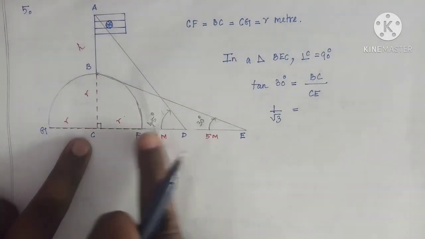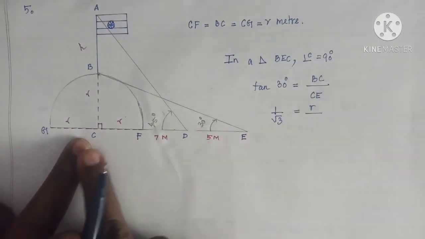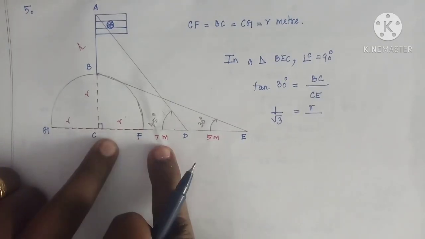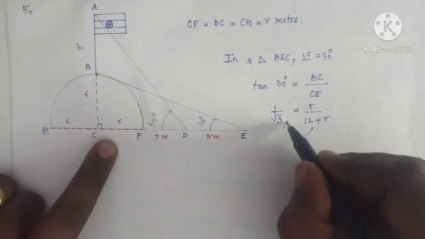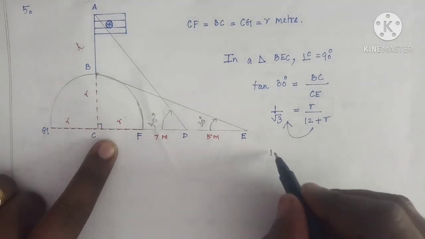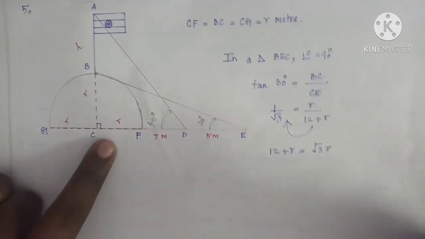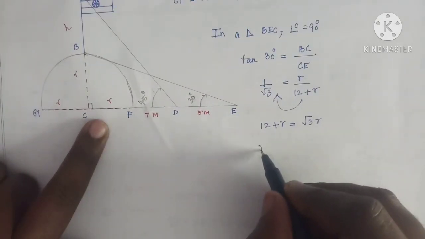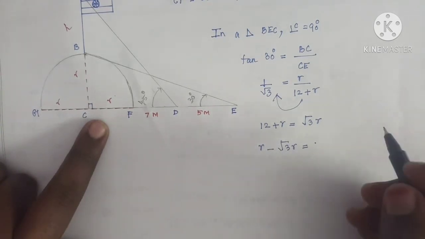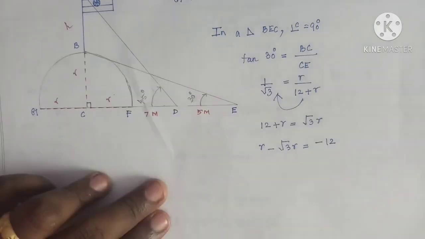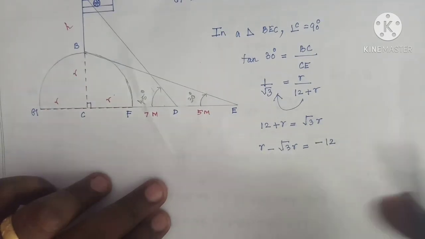CE equal to CF plus FD plus DE, that is R plus 7 plus 5, so 12 plus R. So if you take this left hand side, 12 plus R is equal to root 3 into R. So R minus root 3R, this plus root 3R becomes minus root 3R, equal to this plus 12 becomes minus 12.